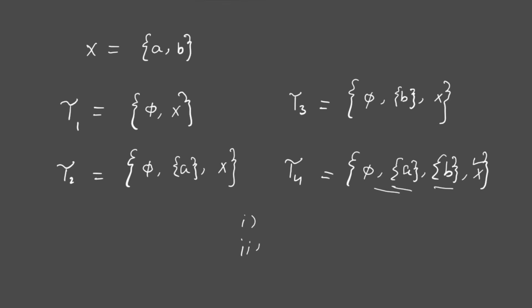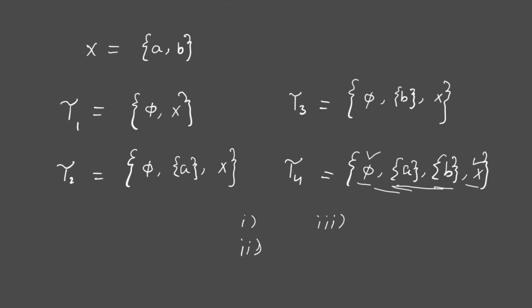If I take the intersection of any two members A and B, the answer is the empty set, and the empty set exists in tau4. It means that this property also holds. And the third property is that phi and X should be in tau. Yes, phi and X are in tau, which means that tau4 is a topology because the axioms of topology are satisfied here.